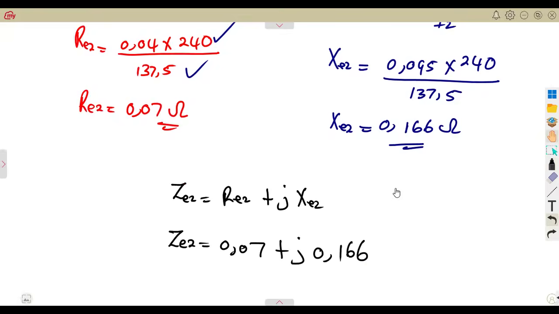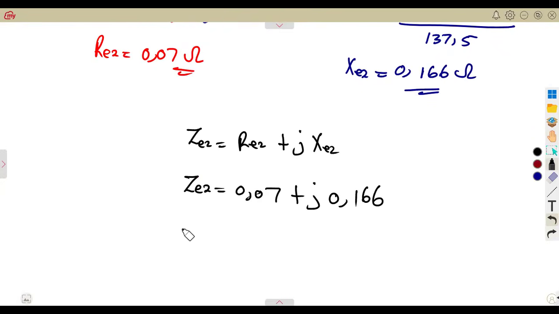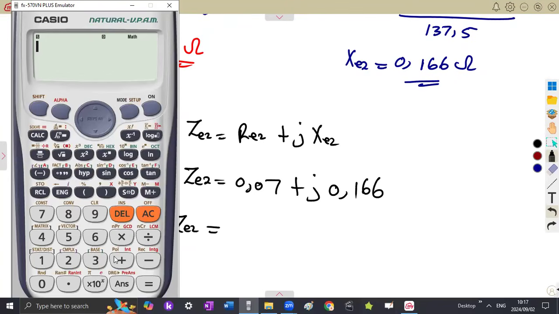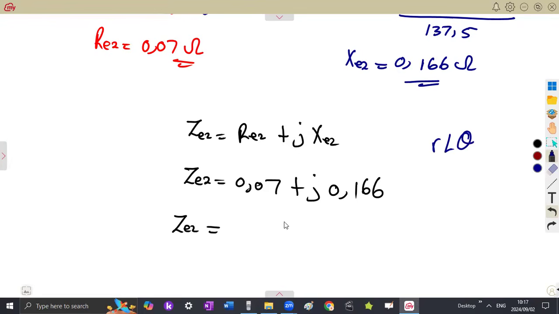With this, you can also write it in polar form, because you do not know, guys, what's going to happen next where we need these values. To polar form, we talked about this: press shift, then the plus, that's 0.07. To separate this, it's shift close bracket, that's 0.166. After this, you can write your answer in polar form. You need R and angle theta.